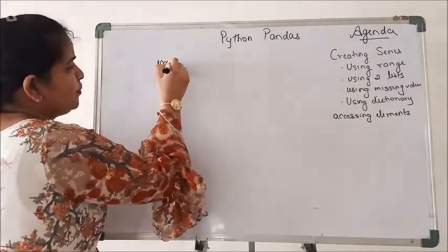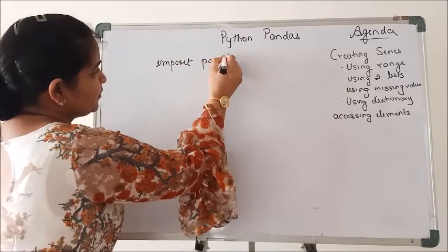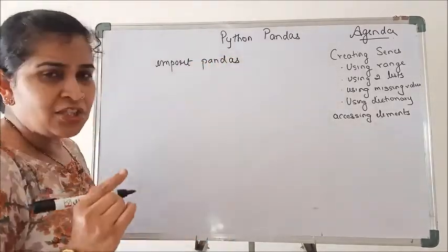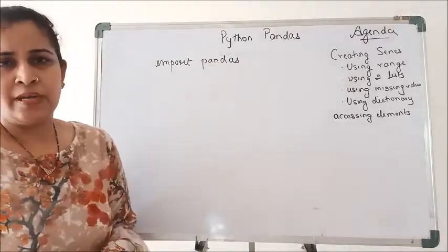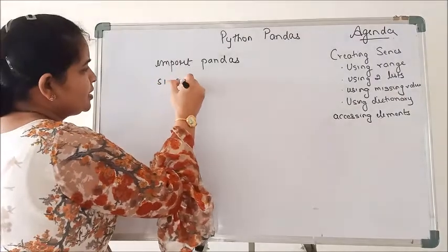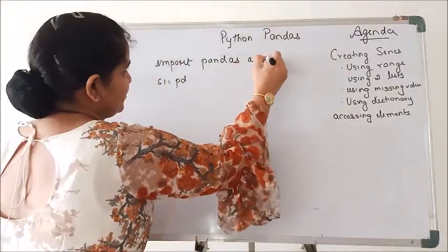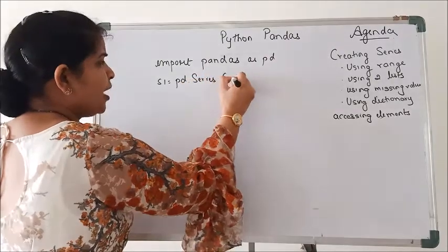First of all, you have to import Pandas. After that, range is a function which returns the integers within the specified range. Suppose I have to create the series as pd.Series, and I am writing range.